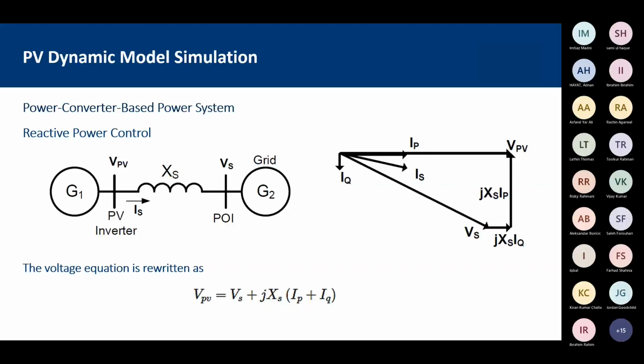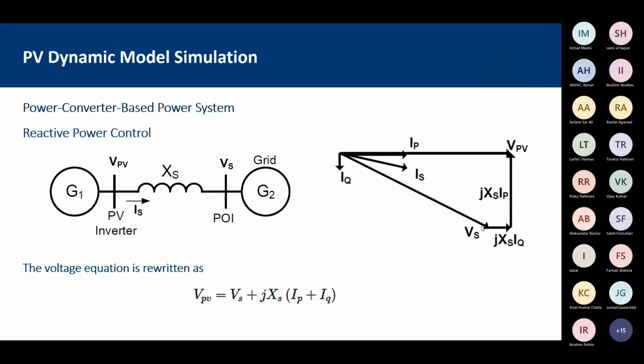So assuming that we have an infinite bus at VS, which is normally the case, as the grid is considered an infinite bus, the VS is constant, right? It means the impact of reactive power's contribution can be seen from this, right?